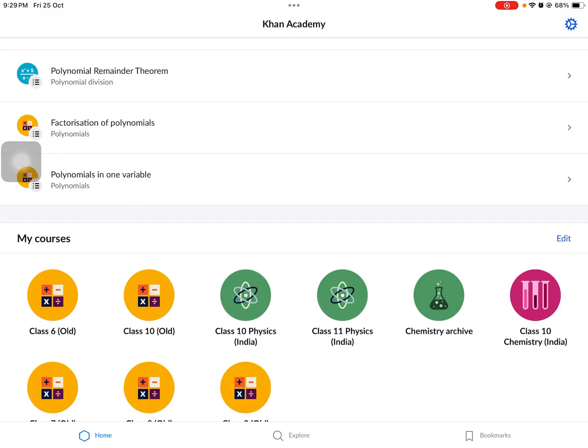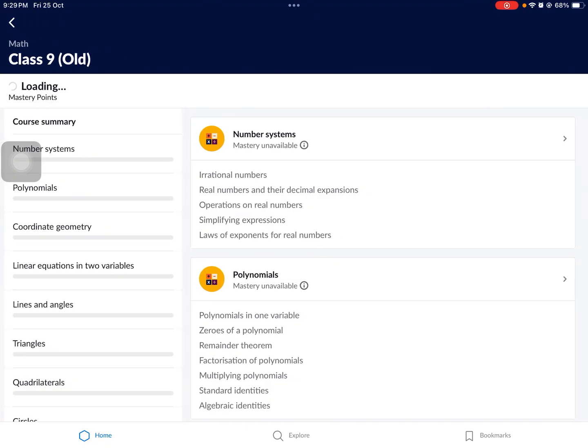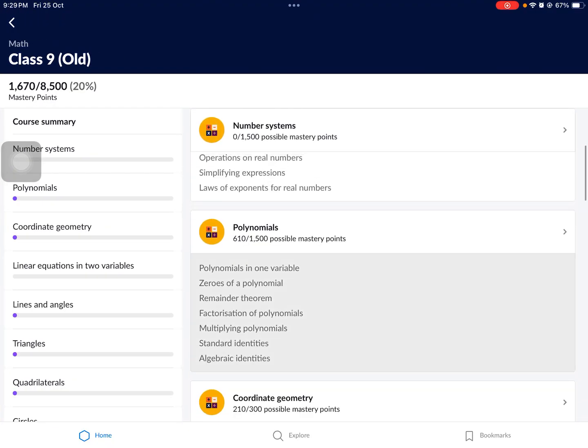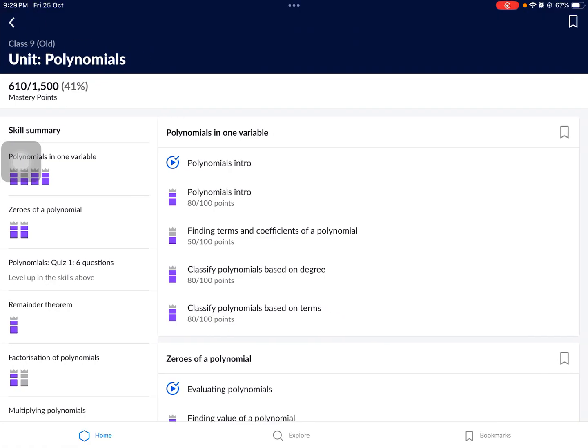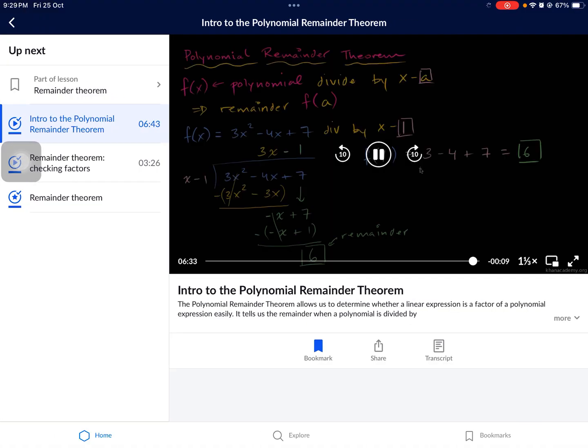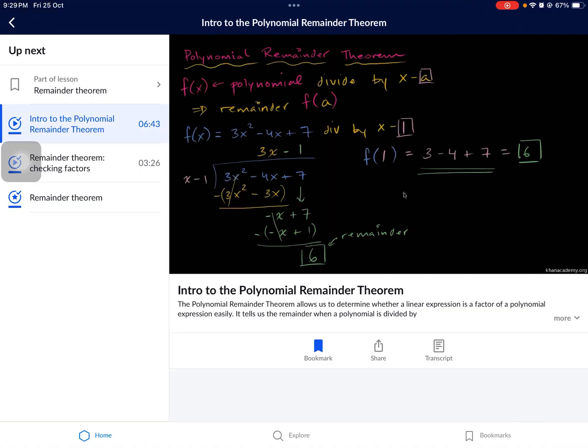And you go to class 9. Go to polynomials. And the remainder theorem.